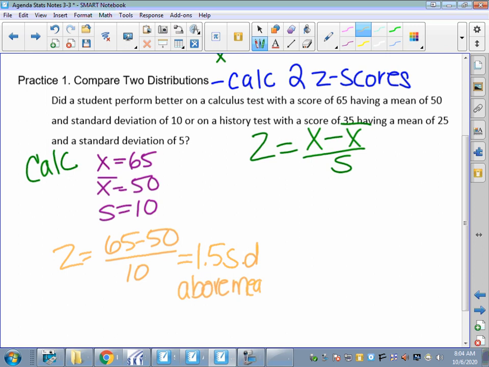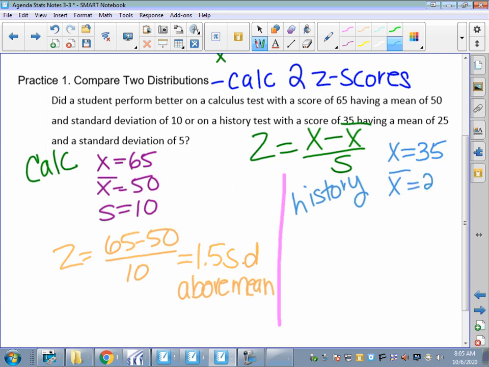If it came out a negative, they would be below the mean, right? So everything works out perfectly in math, whether you like it or not. So over here, I'm going to look at that history test. For our history test, it says the student had a score of 35. The test had a mean of 25. And it says the standard deviation is 5.